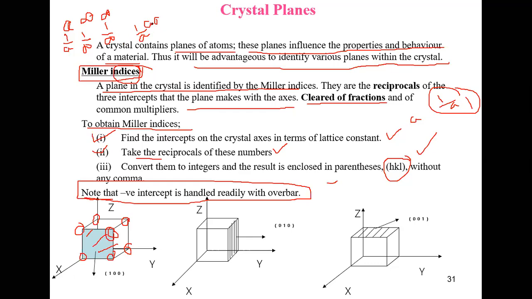To do that, you have to multiply all by a. So it will be 1, 0, 0. Then put these three numbers in parentheses. There is no common multiplier here, so you don't need to take anything off. So (1 0 0) is the Miller indices of this plane.